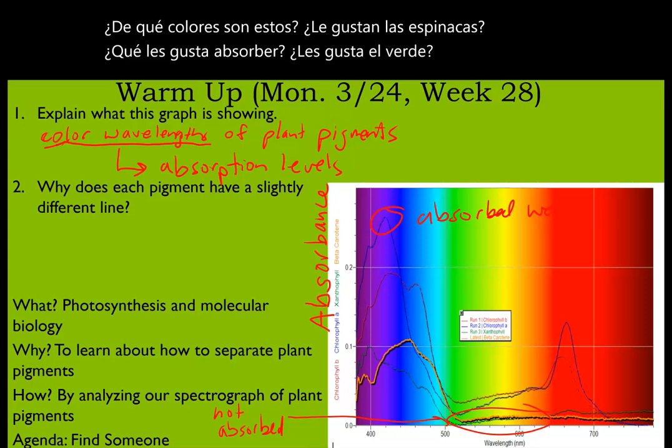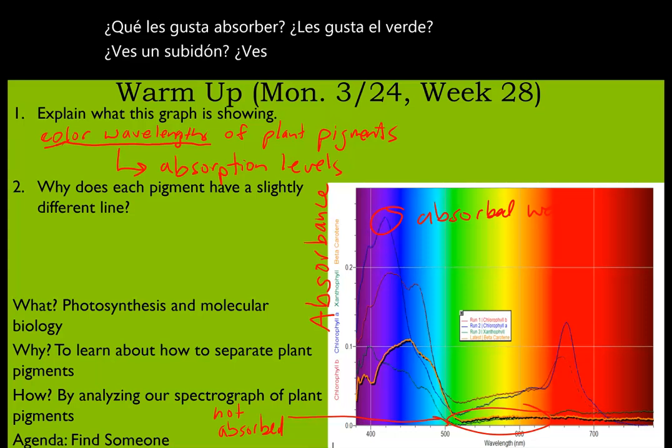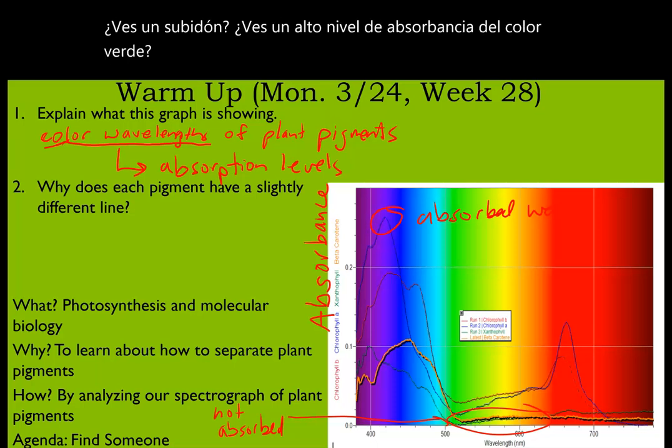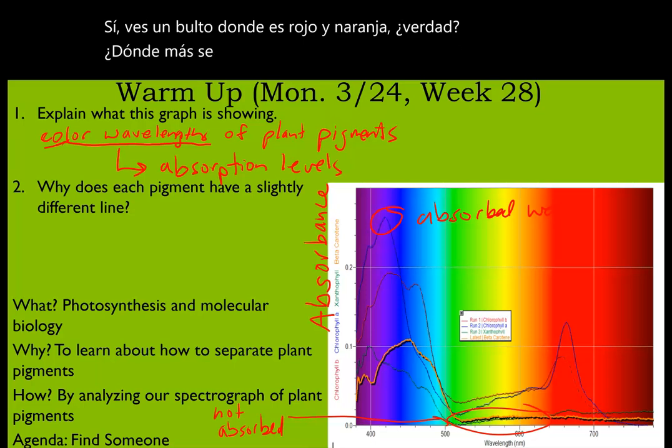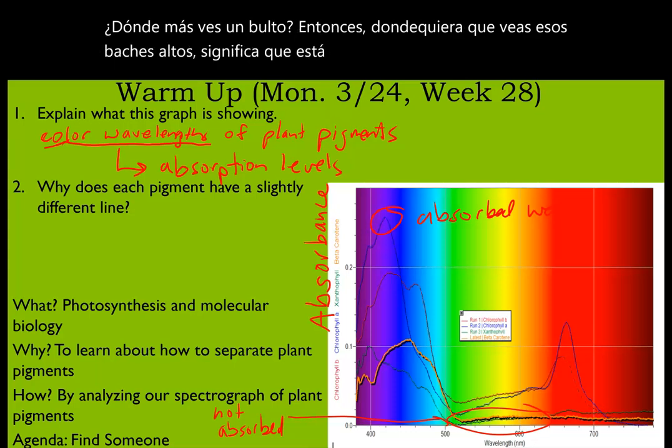Do you see a high level of absorbance of the color green? Yeah, well, you see a bump where it's red and orange, right? Where else do you see a bump? So wherever you see those high bumps, it means it's absorbing that color. It's liking that color. It's taking it in.